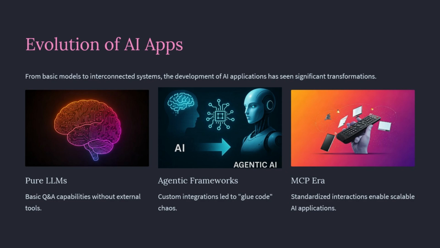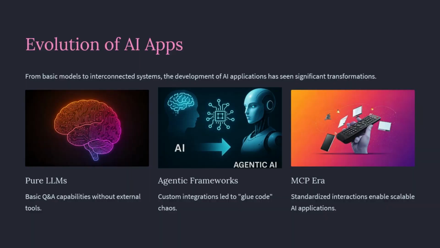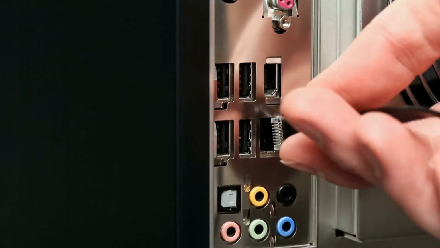But this led to what we call glue code chaos, a tangled mess of fragile, hard-to-maintain connections. Now, we're entering the era of agentic AI powered by MCP. This standardized protocol cleans up the chaos, turning those brittle custom integrations into smooth, scalable systems. It's like upgrading from a patchwork of wires to a sleek, universal plug-and-play system.